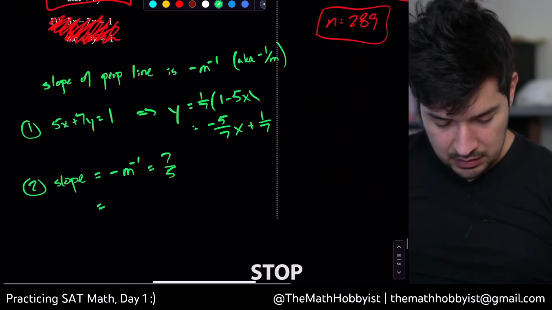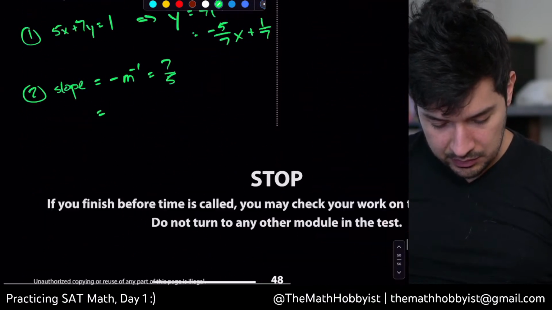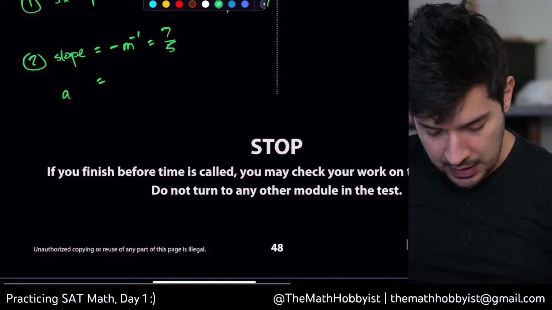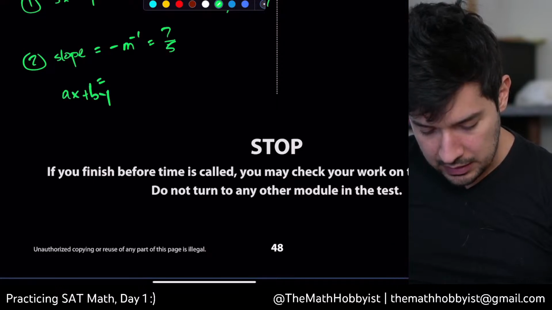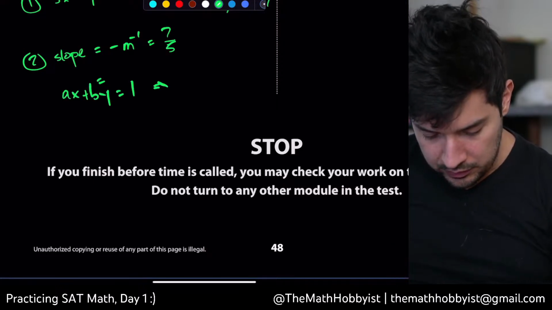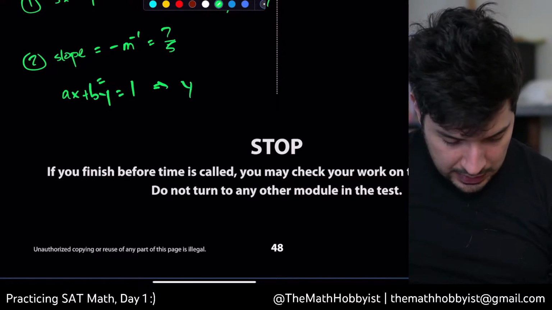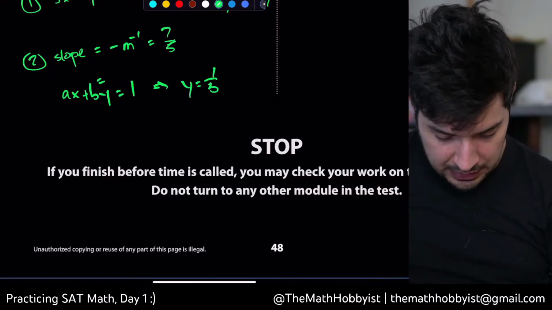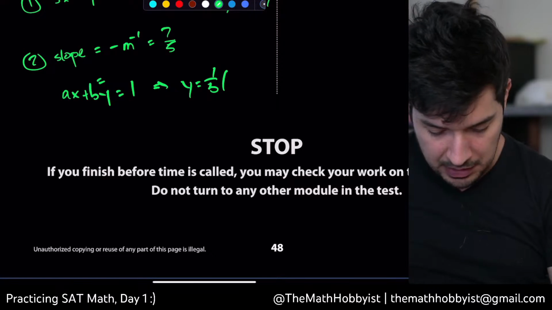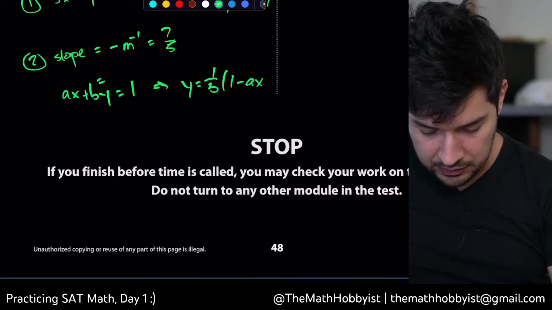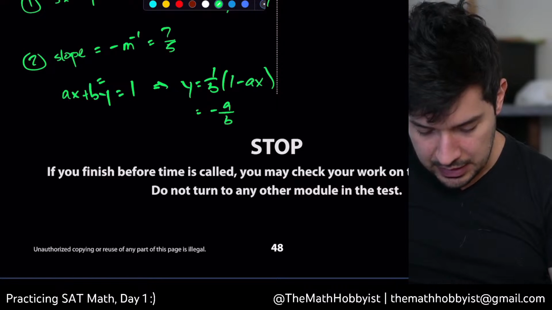So then the second line is ax plus by equals 1. So y equals 1 over b times 1 minus ax, which is negative a over b x plus 1 over b.